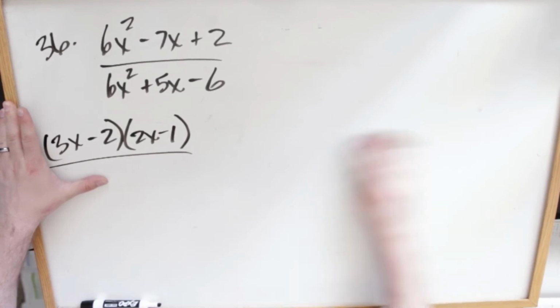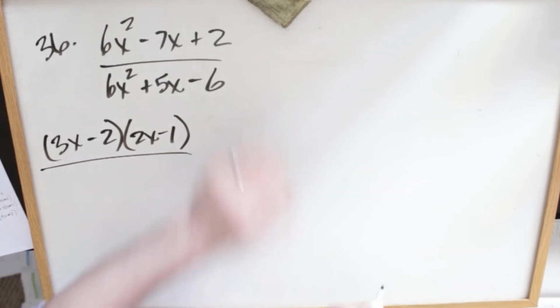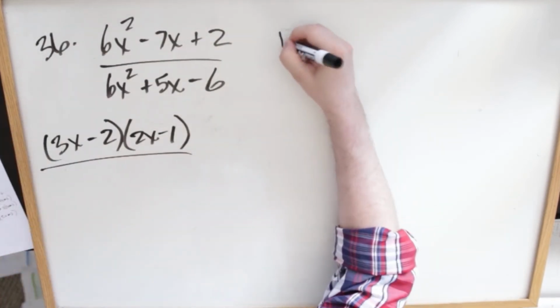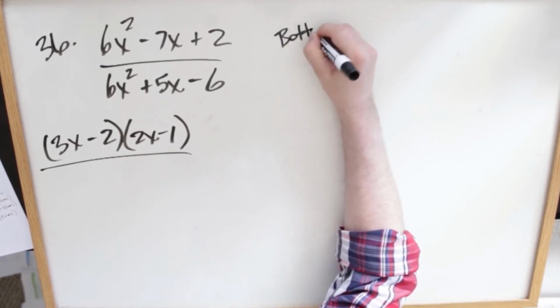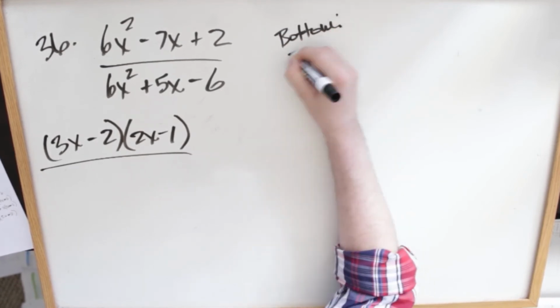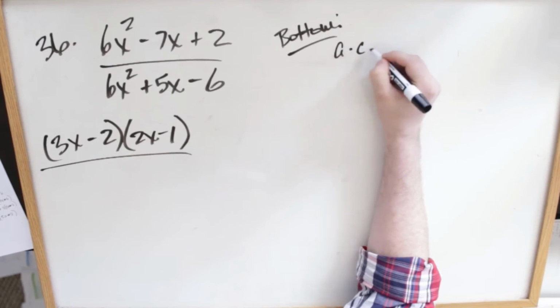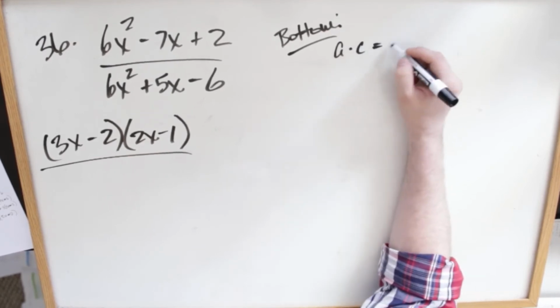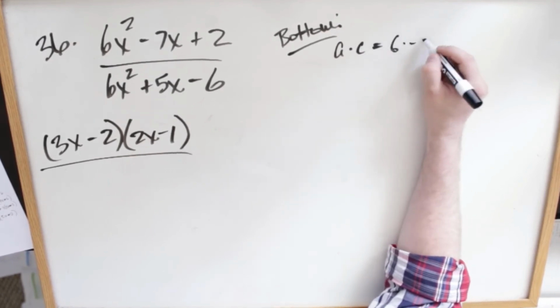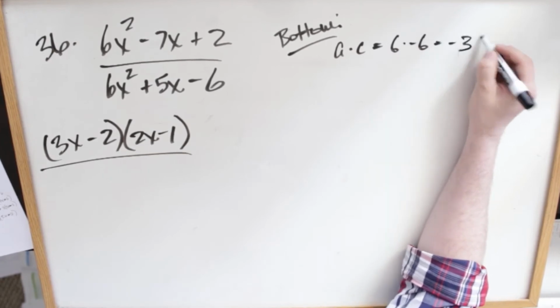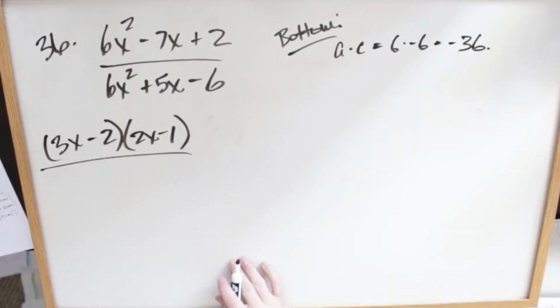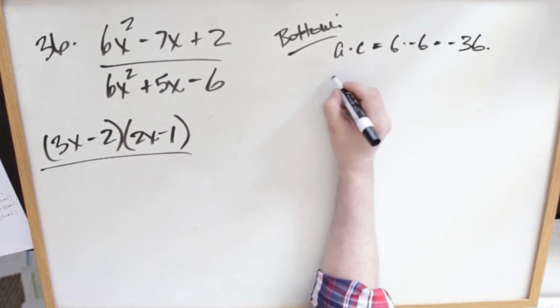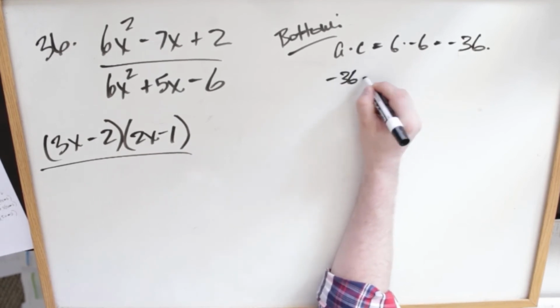Oops, lost my pen. All right, so now we'll do the bottom. A times c is equal to 6 times negative 6, which is equal to negative 36. Yikes, that's a lot. Okay. Negative 36. Let's work on the factors.